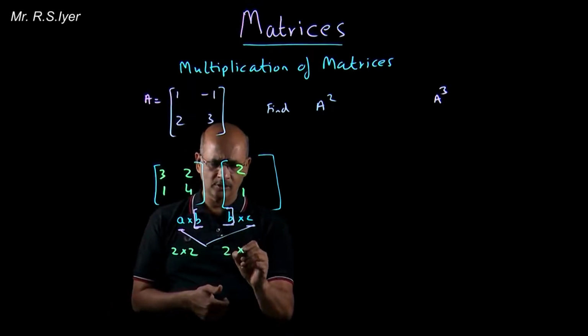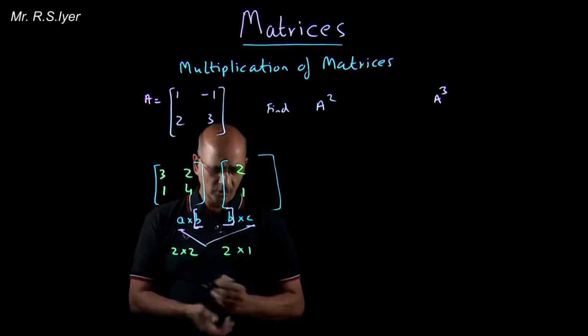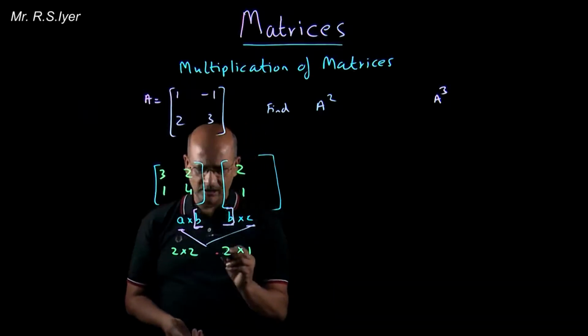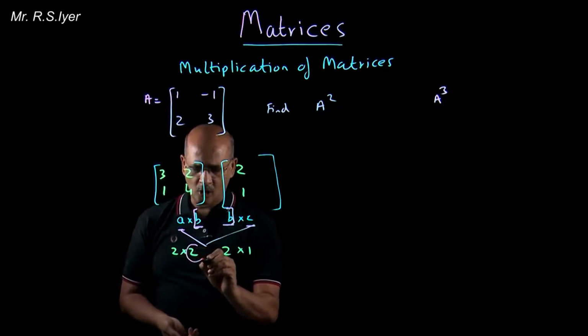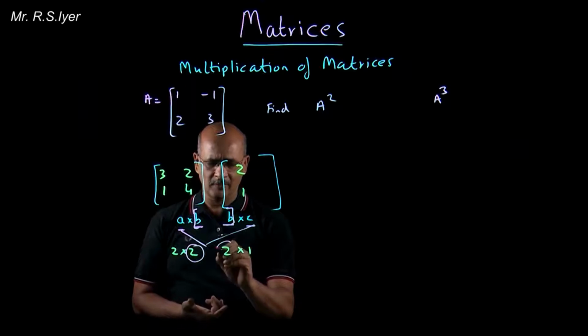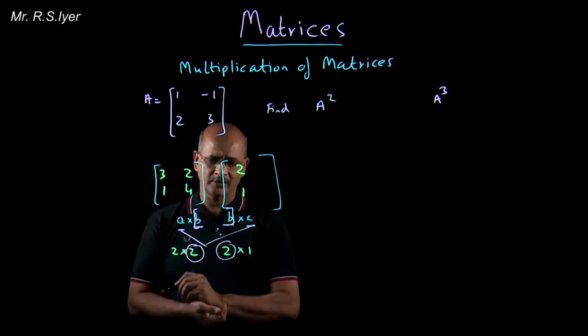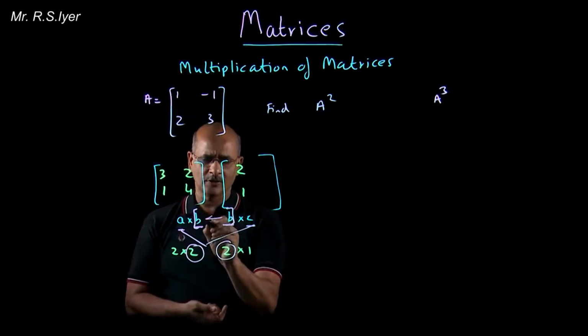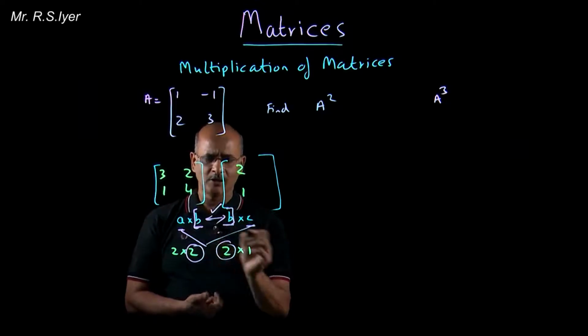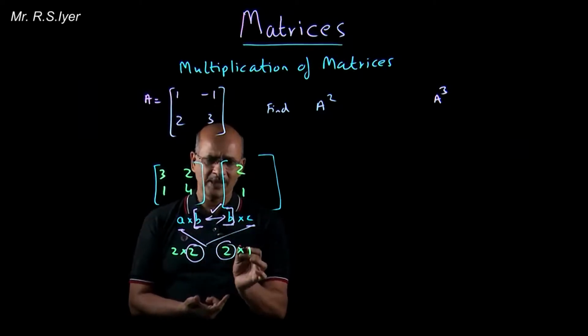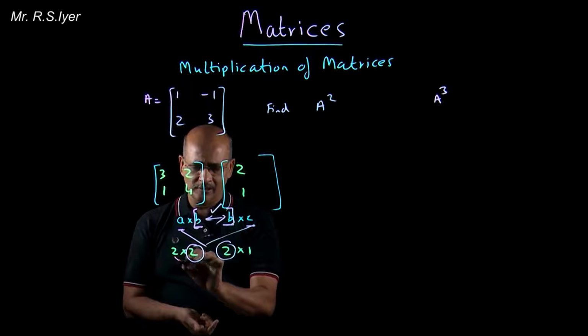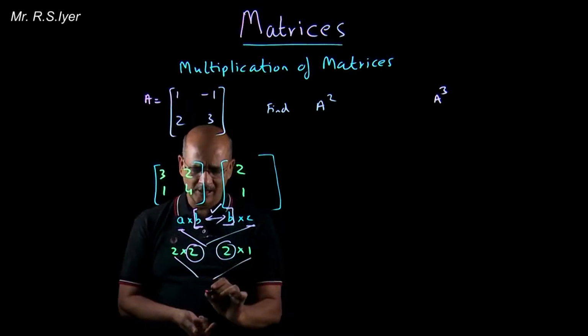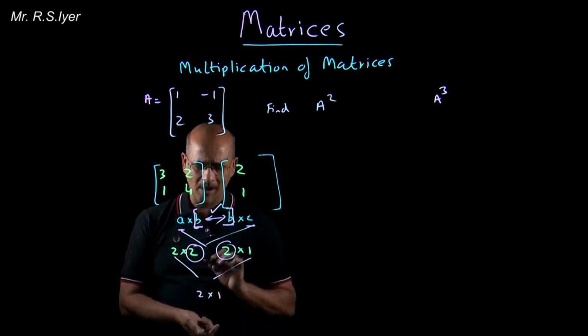It is 2 rows into 1 column. So if you see carefully, the column of the first matrix is the same as the row of the second matrix. This is the condition. If they are both the same, then only you can multiply the two matrices, and the final matrix will be of 2 into 1 order.